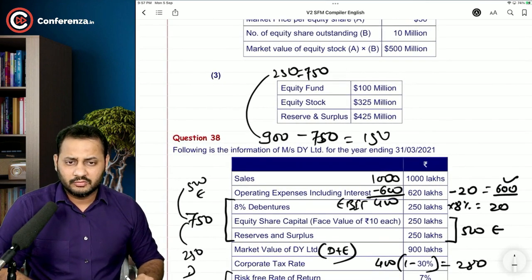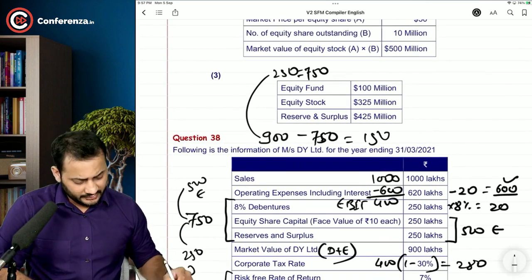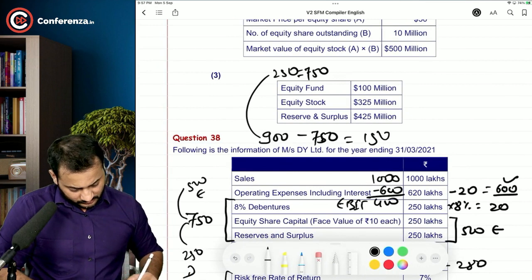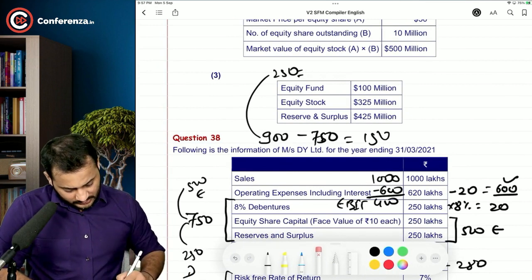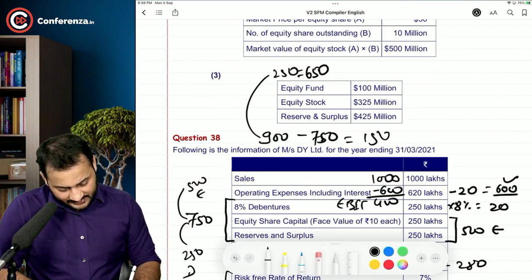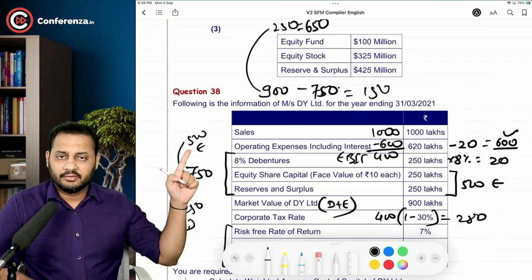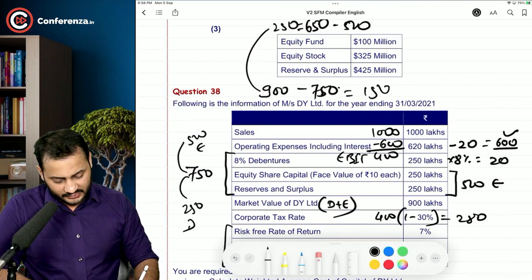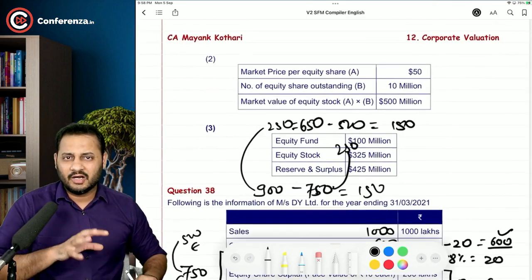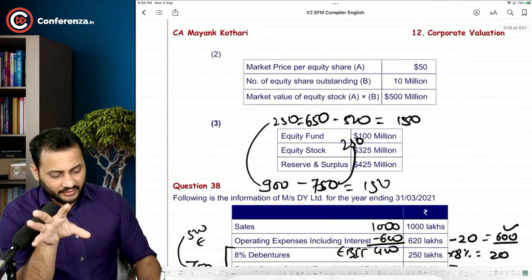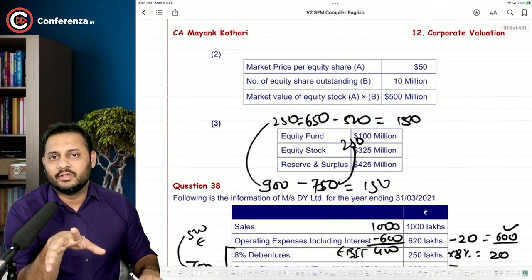Let me just find out. 900 minus 250 is 650, no? Yeah, sorry. It will be 650 and the book value of equity is 500. So 650 minus 500 is again 150. So anyhow you calculate, the market value added will be 150 only.